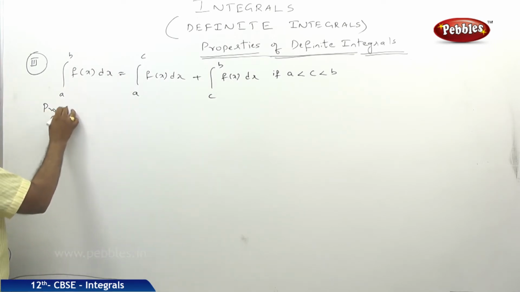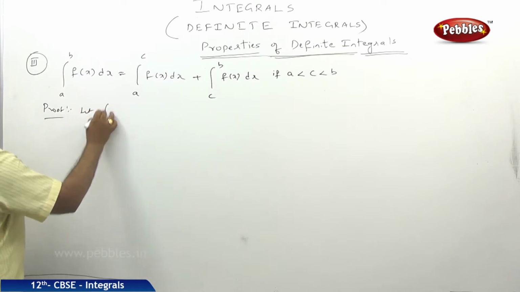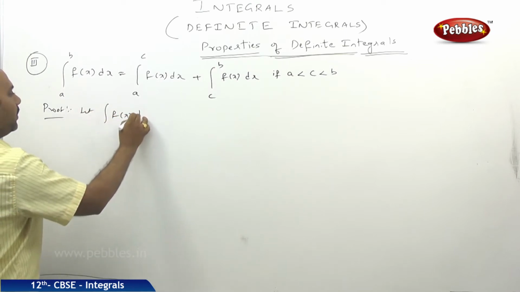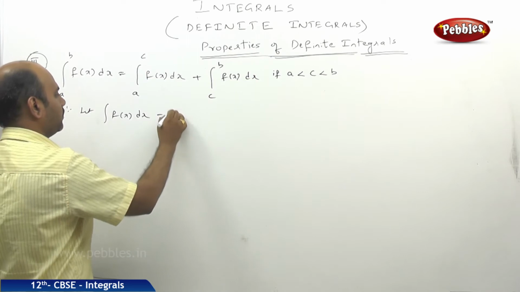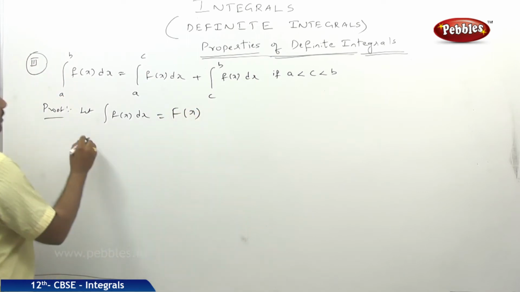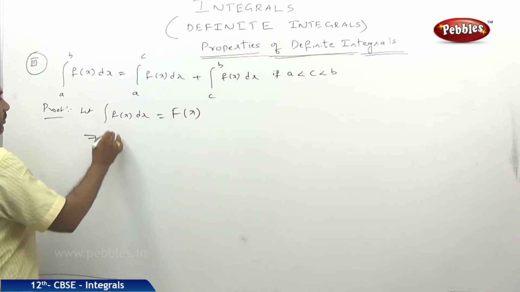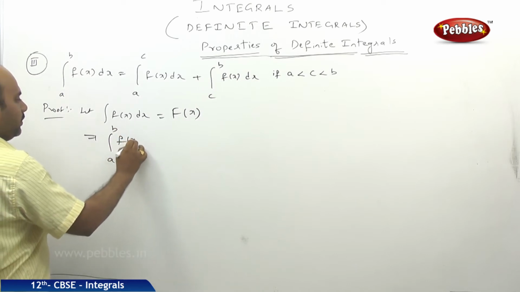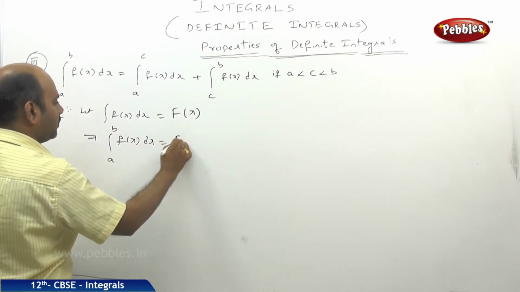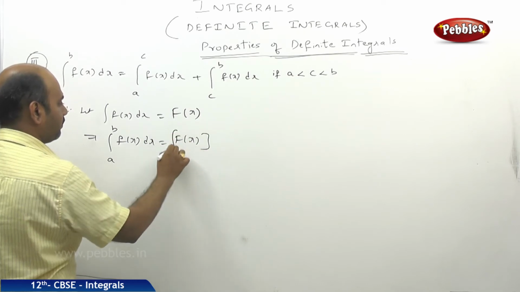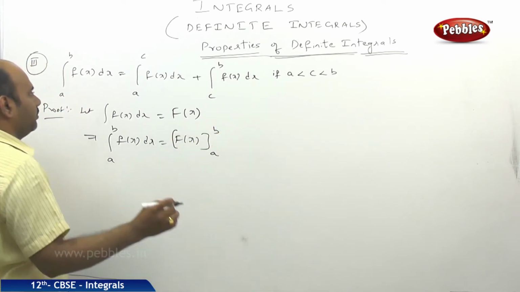How I'll be proving it: same, let integral of f of x dx is equal to capital F of x. Now I will apply integral a to b f of x dx is equal to F of x from the limits a to b.